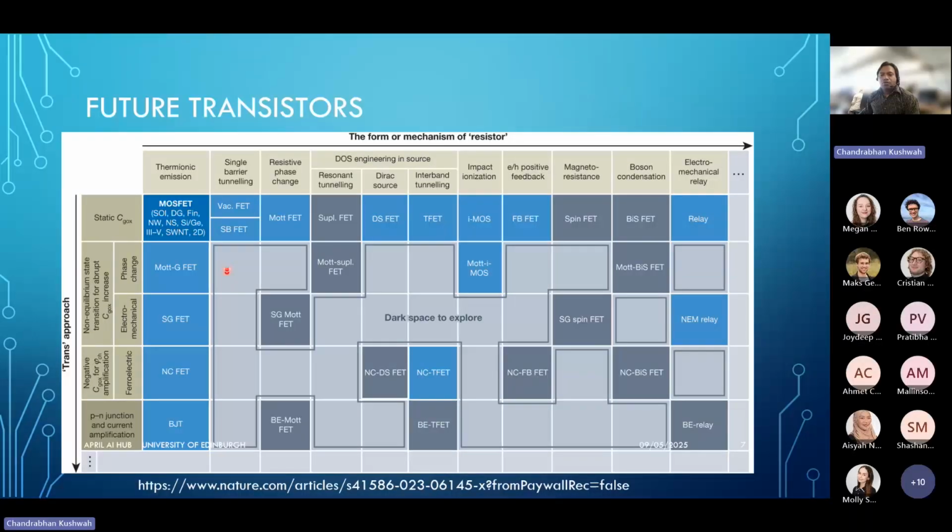bottleneck. To guide this exploration, it's useful to go back to the basics of what a transistor is. The word itself combines trans and resistor, referring to the conductive channel, as I mentioned in the previous slide, where we increase the conductivity of the channel so that it transfers the resistor from high to low.